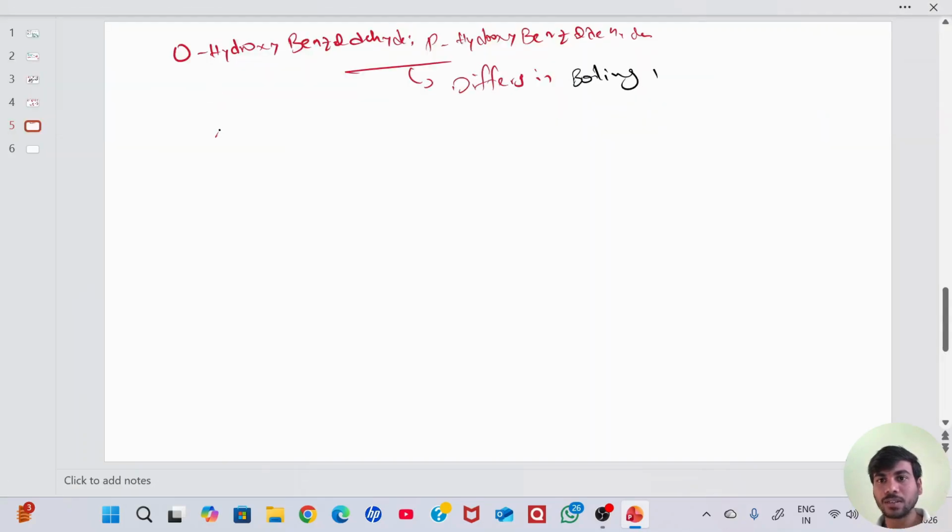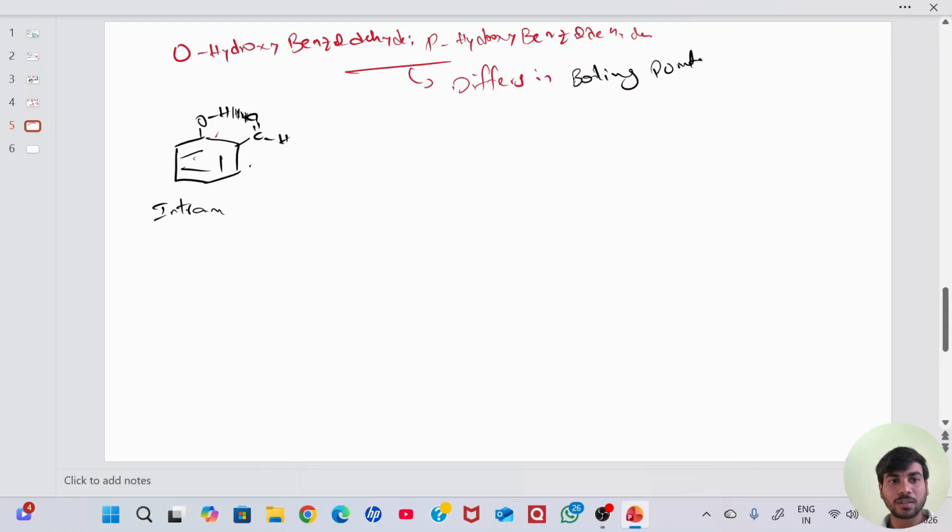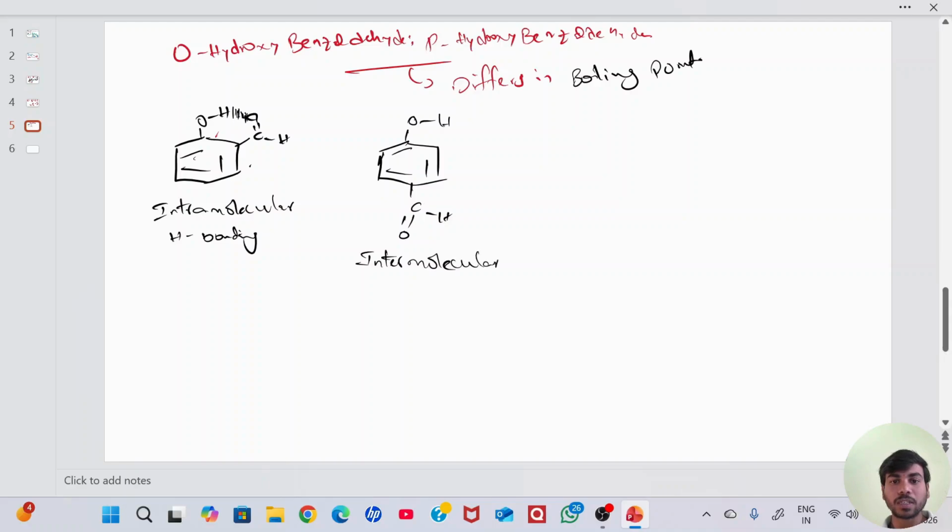These two differ in boiling point, because in ortho-hydroxybenzaldehyde you will see intramolecular hydrogen bonding, whereas in para-hydroxybenzaldehyde there is no possibility for intramolecular hydrogen bonding, but there is possibility for intermolecular hydrogen bonding.